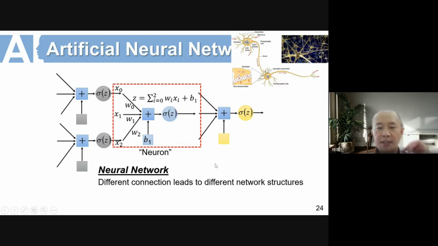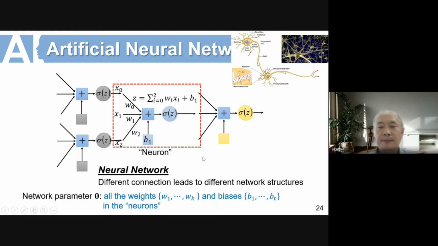The key part here, when we say that we train a model, it means that we find the optimal parameters inside the model. So the key part is what are the parameters inside the model.